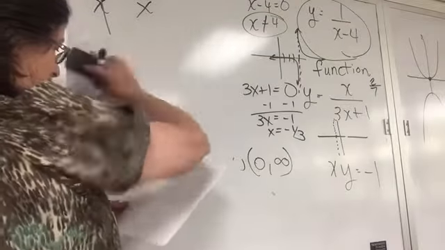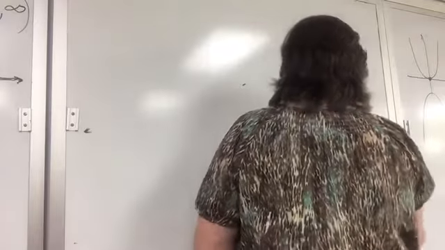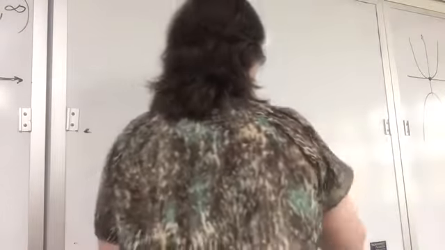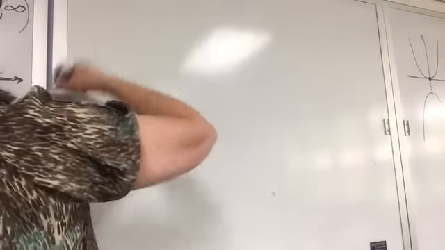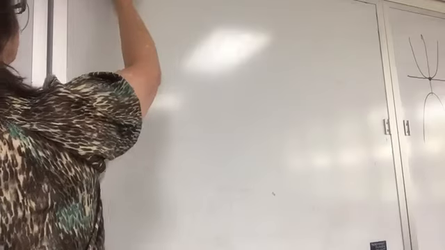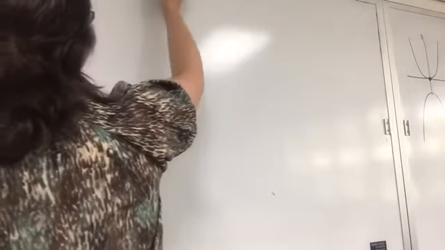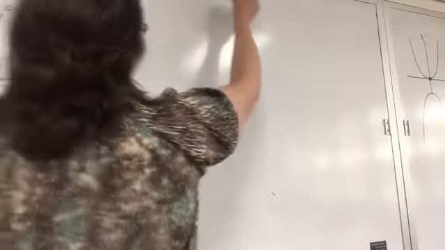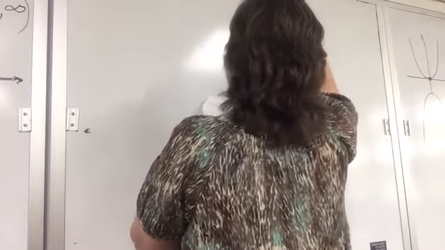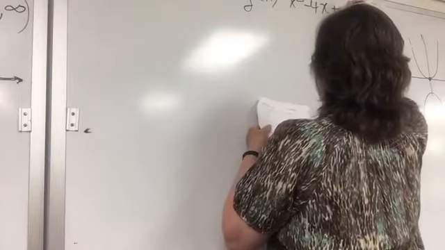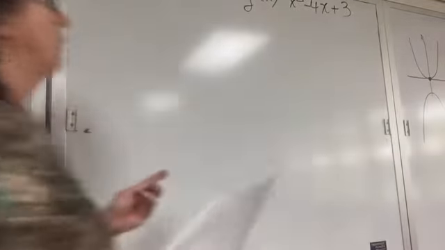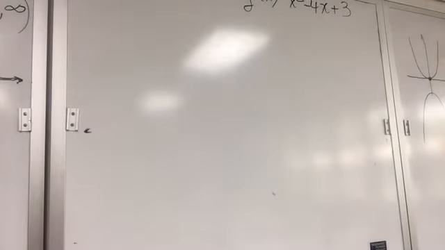Let's go on to the next thing, which is starting to deal with some function notation. So, function notation: here we've got f of x is 2x minus 5, and g of x is equal to x squared minus 4x plus 3. Now we're just going to play with these two functions and our function notation.